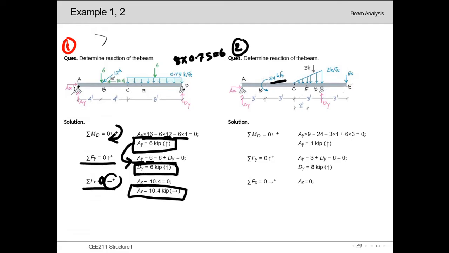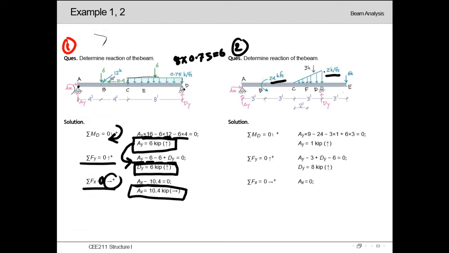Now for this uniformly varying load of 2 kip per feet, firstly we need to determine the total load, as we have determined for example 1 of a uniformly distributed load of 0.75 kip per feet. But here the loading pattern is a bit different. It is a uniformly varying load, and the shape is just like a triangular section.